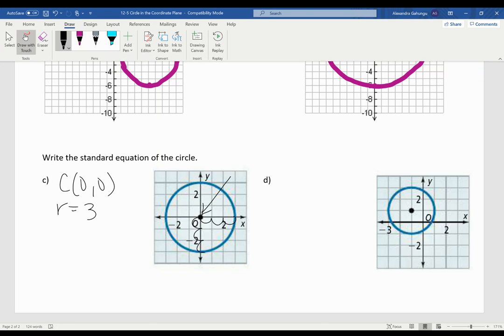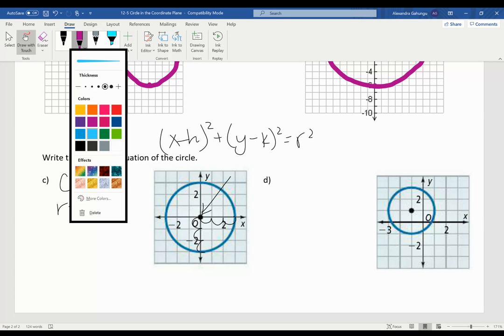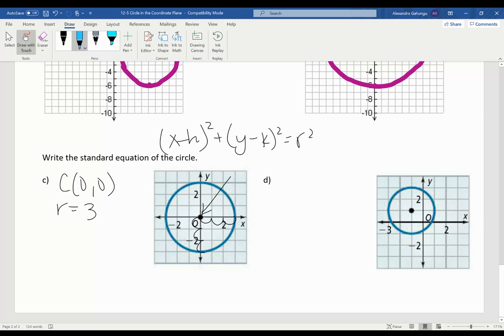So now I'm going to write my equation, given that the standard form is x minus h squared plus y minus k squared equals r squared. And I have all those pieces. I have my center, meaning I have h and k, and I have my radius.